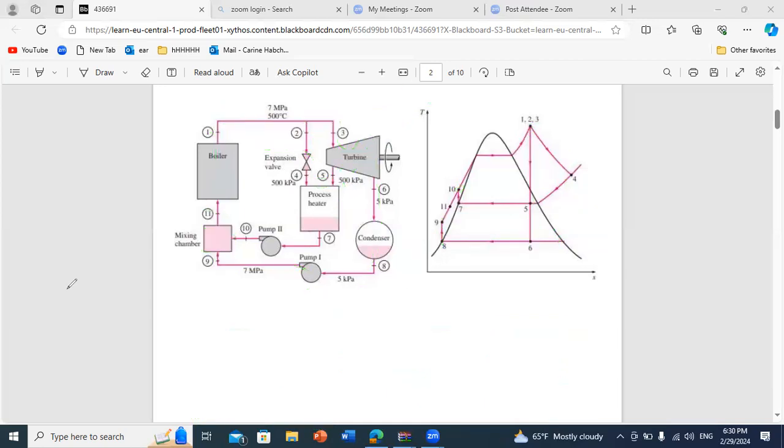I just want to have process heat. If I want to do this, I should not pass through the turbine. So in this case, I will do the following. When I exit my boiler, I fully expand my fluid in the expansion valve, and then it will move through this path, and this will be my cycle.